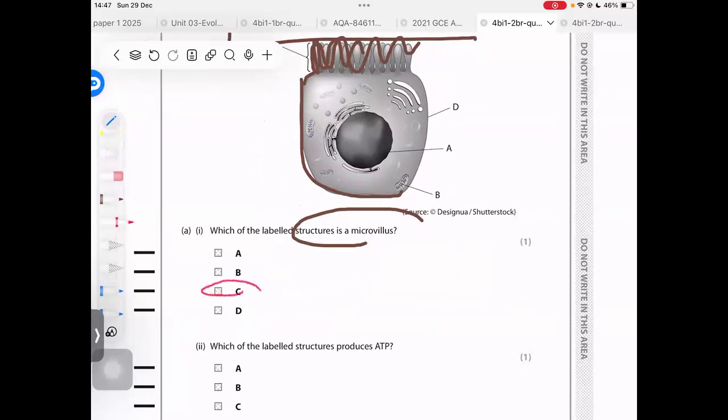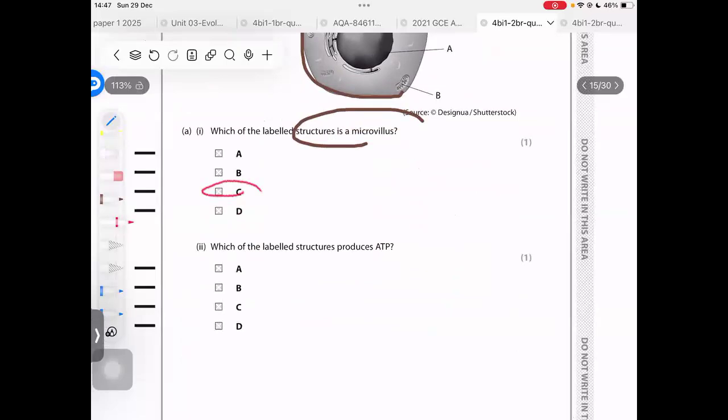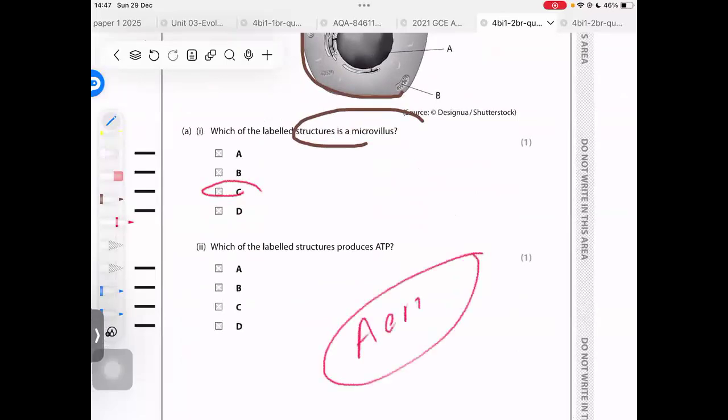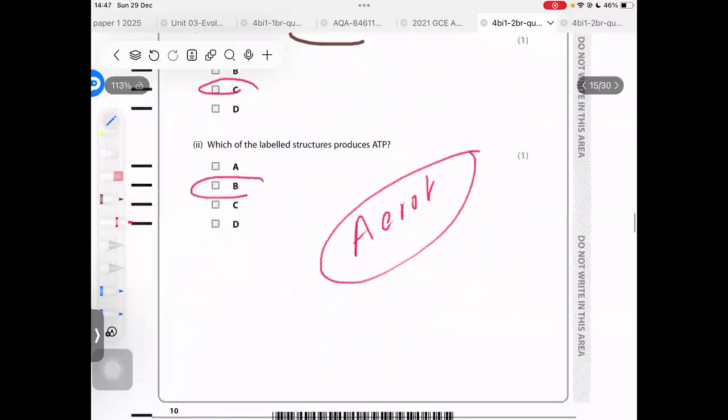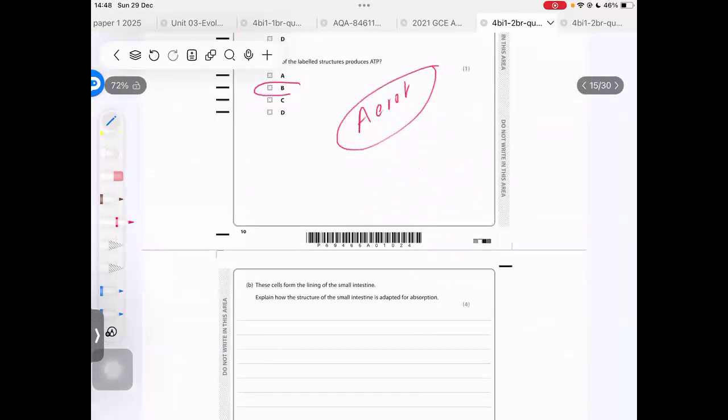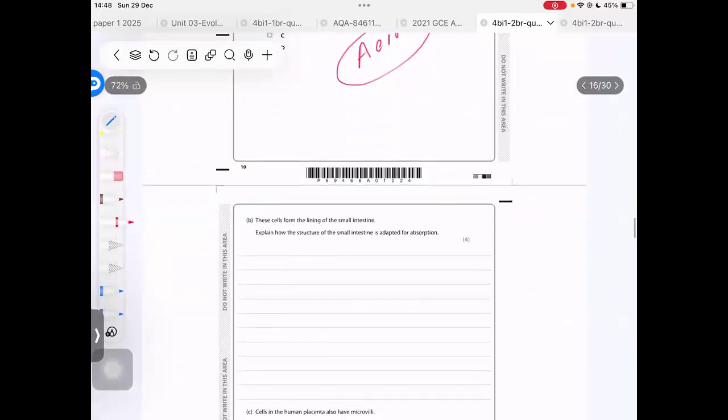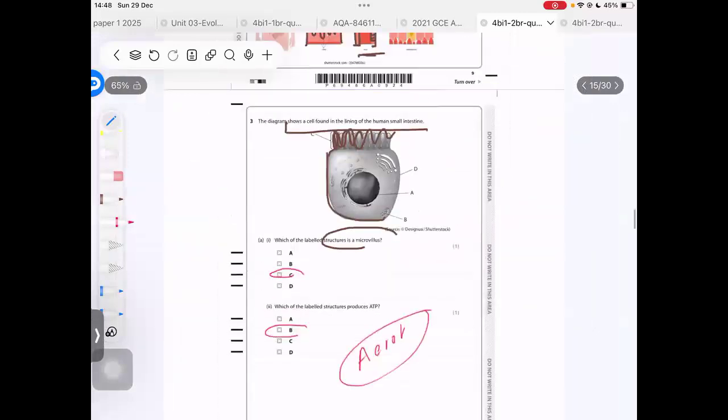Which of the labelled structures produces ATP? You know, mitochondria is the structure which produces ATP, which is the powerhouse of the cell, which carries out aerobic respiration. Therefore, the answer will be B, the mitochondria. Then you can see these cells form the lining of the small intestine.